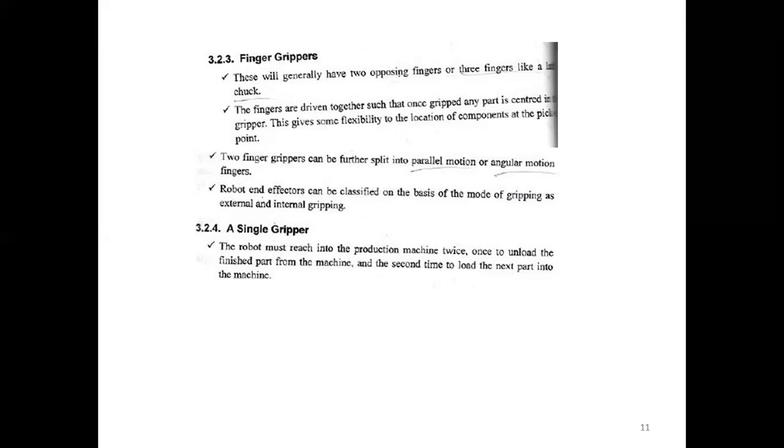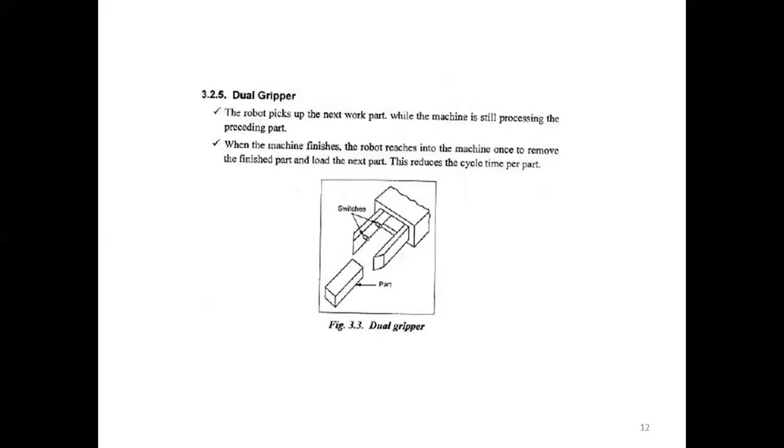With a single gripper, the robot must reach into the machine twice, once to unload the finished part and a second time to load the next part into the machine. With a dual gripper, the robot picks up the next work part while the machine is still processing the preceding part.